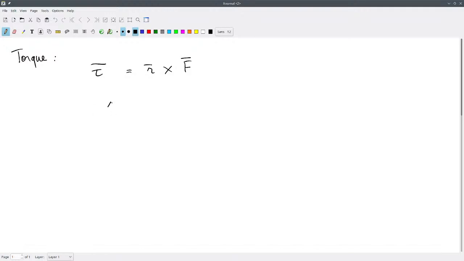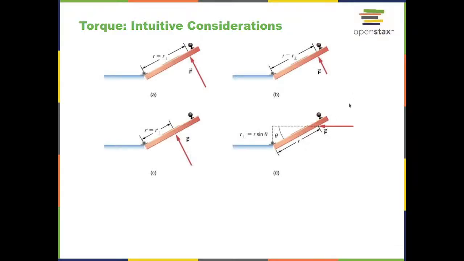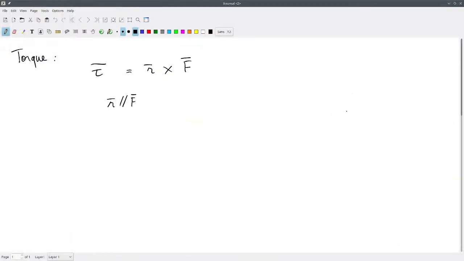Well, what happens if the force is parallel to the vector r? That's when we're pushing parallel to the door. Then the torque will indeed be 0 because the cross product of two parallel vectors is 0. So indeed, pushing parallel to the door, there's no torque.